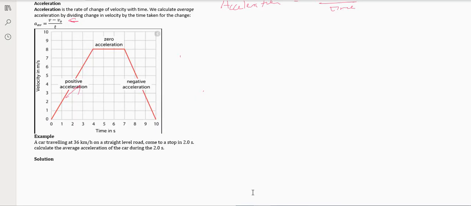All right. Now there's a point when there's no acceleration, and this is when my velocity is not changing.